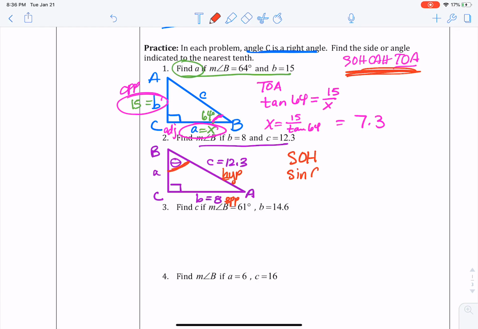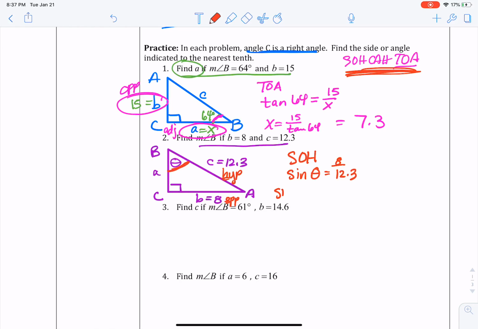So when I have H and O, going back up here to my SOHCAHTOA, that's SOH. The sine of theta is 8 over 12.3. When we don't have an angle, but we do have the two sides, I have to use inverse functions, like the ones that we learned about on Tuesday, to be able to solve that.